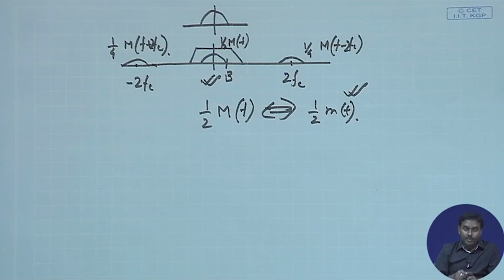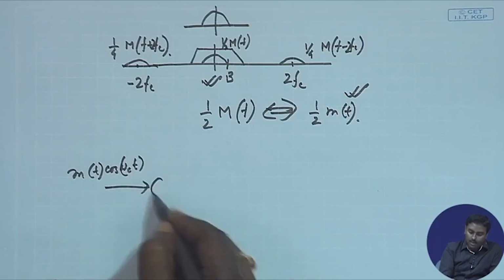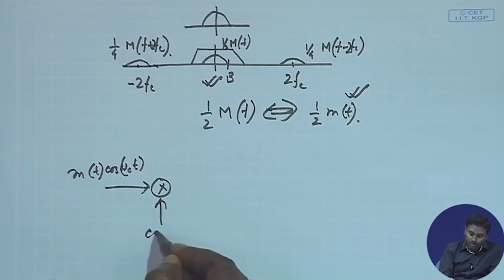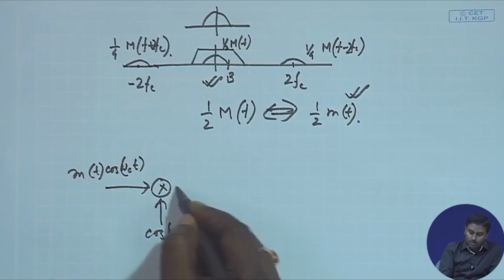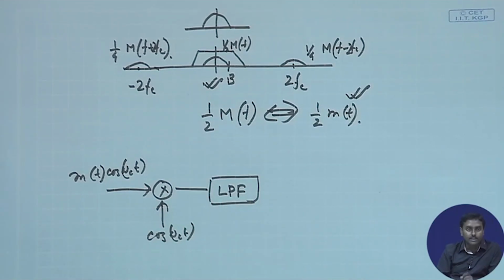Okay. So immediately you can see my demodulator circuit is almost ready. In the demodulator, whatever modulated signal m(t) cos omega c t I receive, I do another multiplication with cos omega c t. Whatever I get, I pass it through a low pass filter. Even the filter design is known.